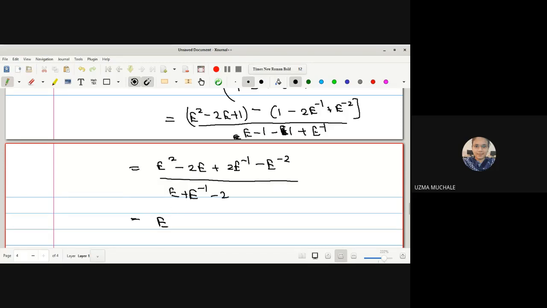Now if I take 2 common, what remains is e raised to minus 1 minus e raised to minus 2 divided by e plus e raised to minus 1 minus 2.